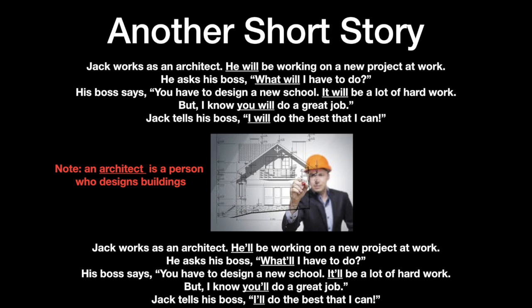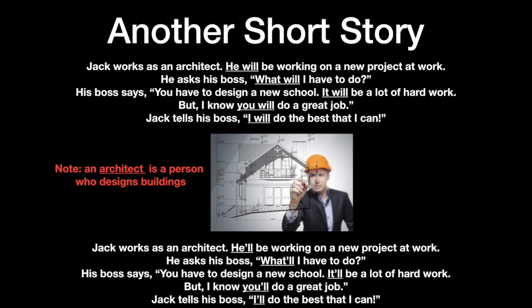So here is another short story using will contractions. Before I start the story, I just want to point out the words in red. I put in a little note just in case you wanted to learn a new word that's in the story.